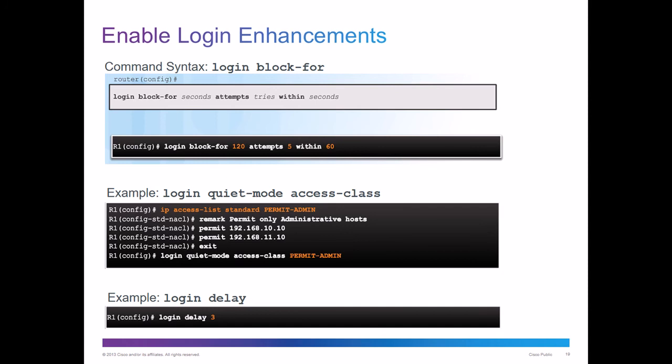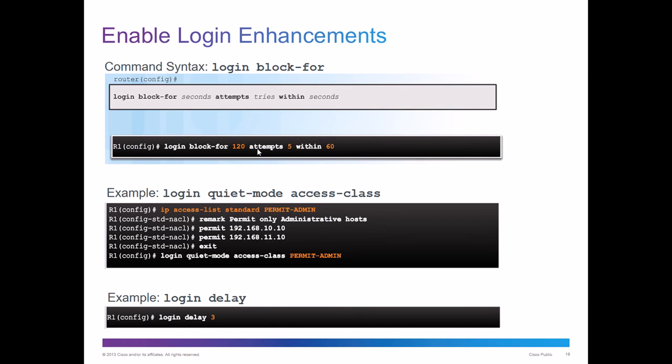So if you get the password wrong 5 times within 1 minute, you're going to be locked out for 2 minutes. That's what this means. Okay? So write that down and write the explanation so you'll know exactly what that means.